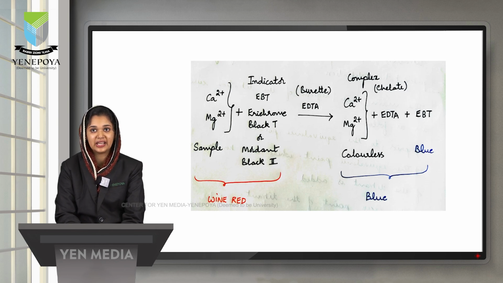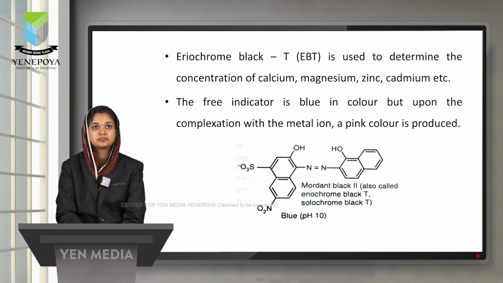And this free indicator has another color, which is blue. This is how the end point is determined using PM indicators. Eriochrome black T is used to determine the concentration of calcium, magnesium, zinc and cadmium, and the free indicator is blue in color, but upon complexation with the metal ion, a pink color is produced.